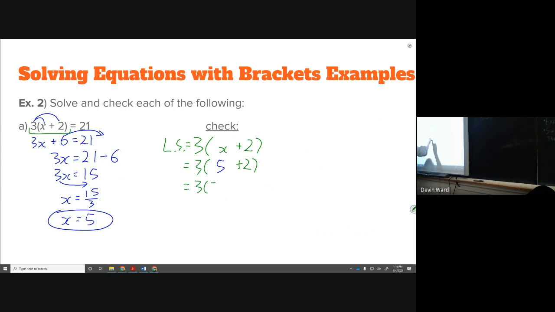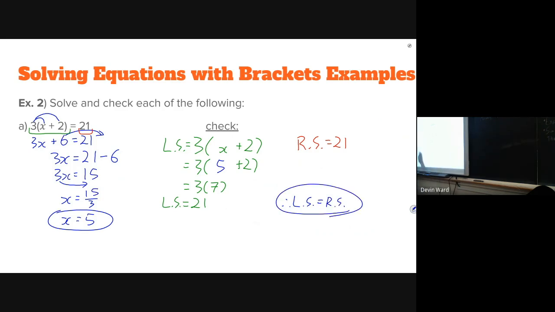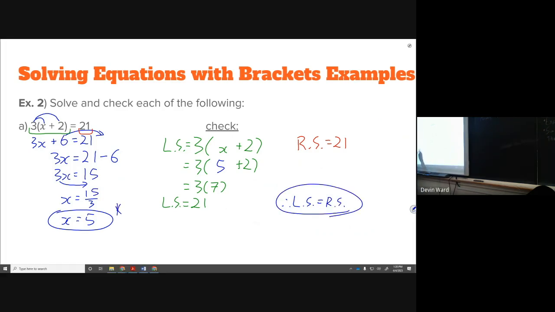So 3, 5 plus 2 is 7, which is equal to 21. So my left side equals 21. My right side, well, that also equals 21. Therefore, my left side equals my right side. So I know with absolute certainty that x equals 5.